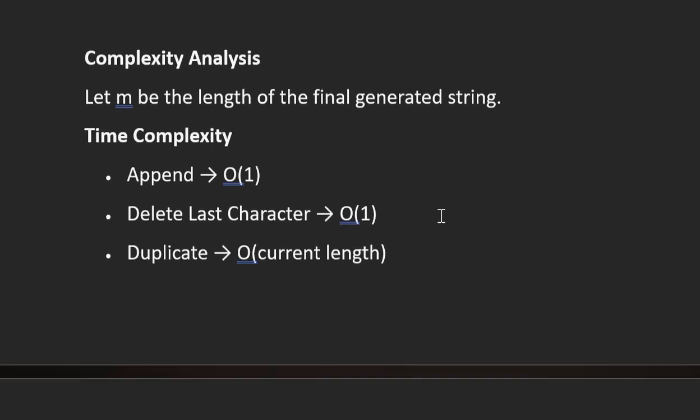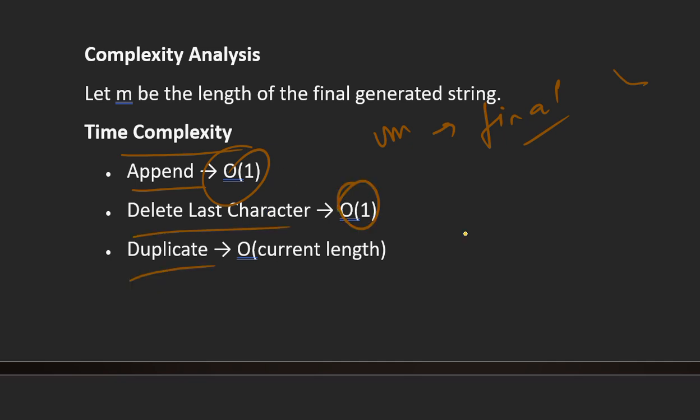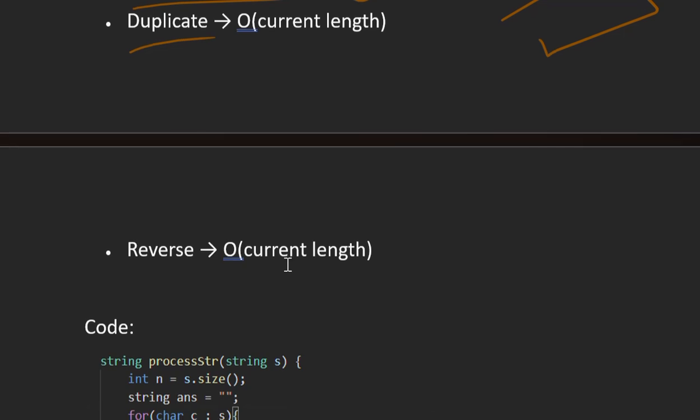Let's move to the complexity analysis. Here let m be the final length of the string. If you see the time complexity, we can append a character in O(1) time, and deleting a character also takes O(1) time. For duplicate, we need the current length of the answer, because we are appending that many characters to the current answer, so duplicate takes O(current length).